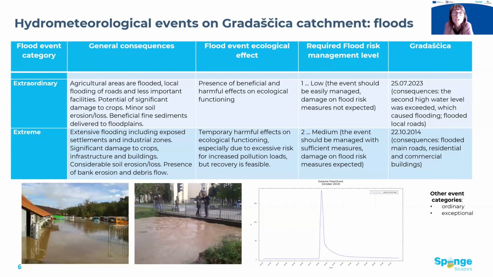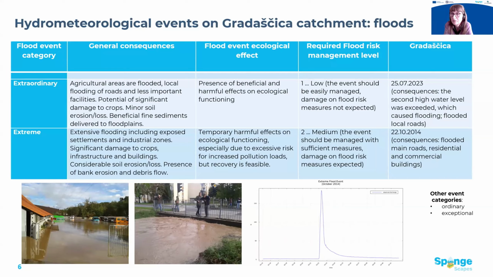About the hydrometeorological events, at the beginning of the SpongeScapes project, flood event categories were defined. You can read the description here. I wouldn't go into detail, but we have identified one extraordinary event that occurred in July 2023, and then one extreme flood that was at the end of October 2014.